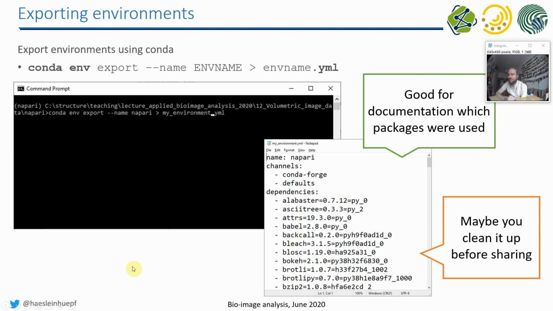But before you give this to a collaborator, you may want to clean it up. It's different to the exported environment I just showed on the slide before. But this is the way how you can automatically, with a command line tool, export an environment and hand it over to someone who wants to reproduce your analysis, who wants to run your Jupyter notebook at their computer.